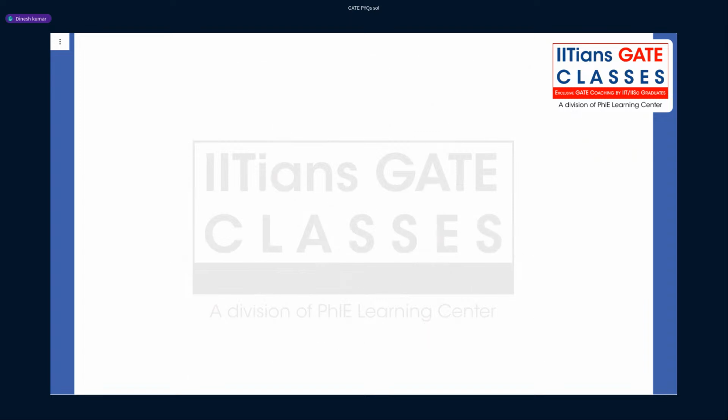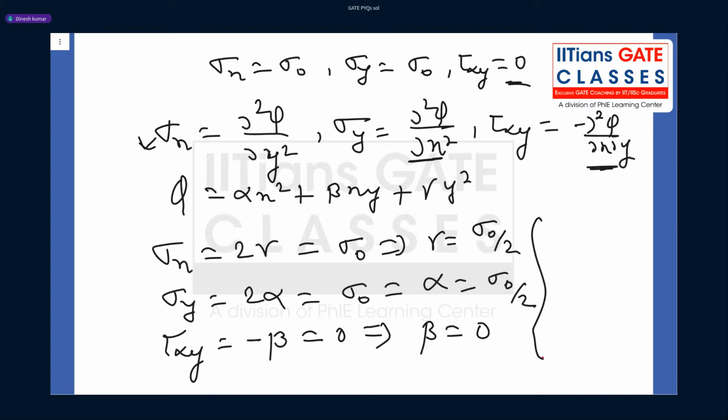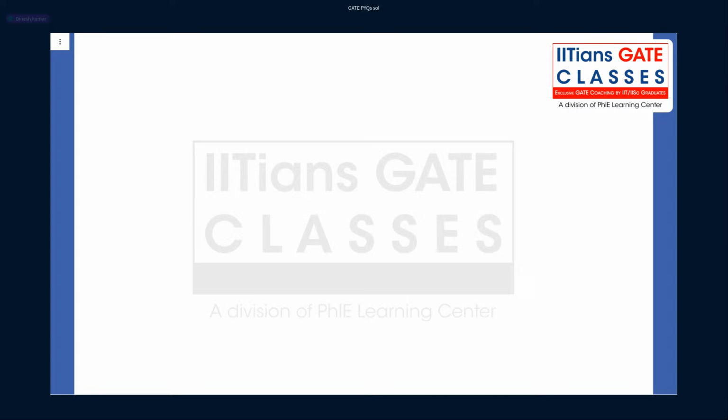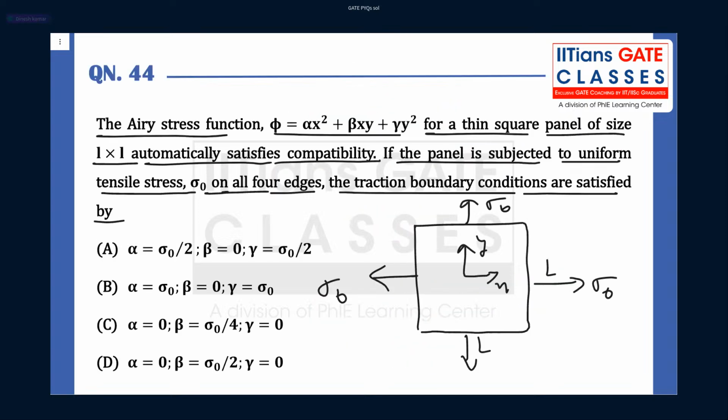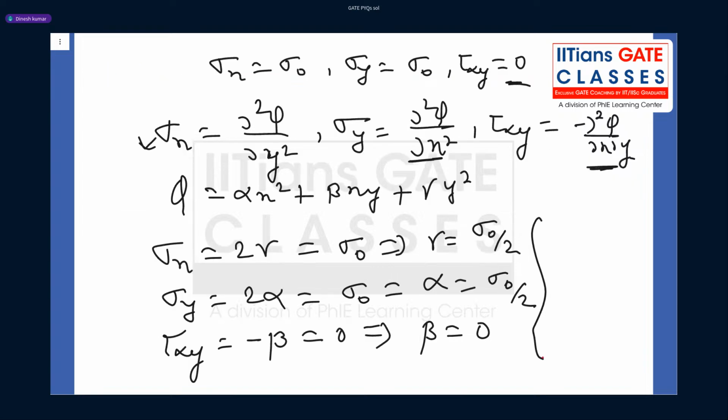Your alpha, beta, gamma is given by sigma naught by 2, comma 0, comma sigma naught by 2. So which is the correct answer in this case? You look, A is the correct answer. Alpha is sigma naught by 2, beta is 0, and gamma is sigma naught by 2.